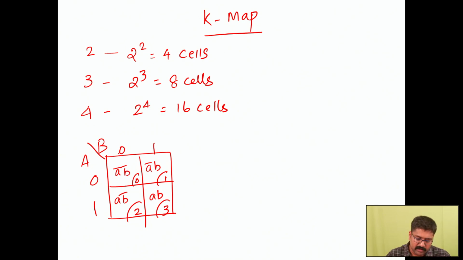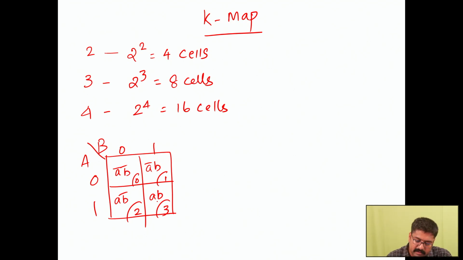For example, this is 0, here 1, and this is 0, here 1. For example, A bar B bar and A bar B differ by 1 bit, and here A B bar and A B. This is the general structure of a Karnaugh map for 2 variables.